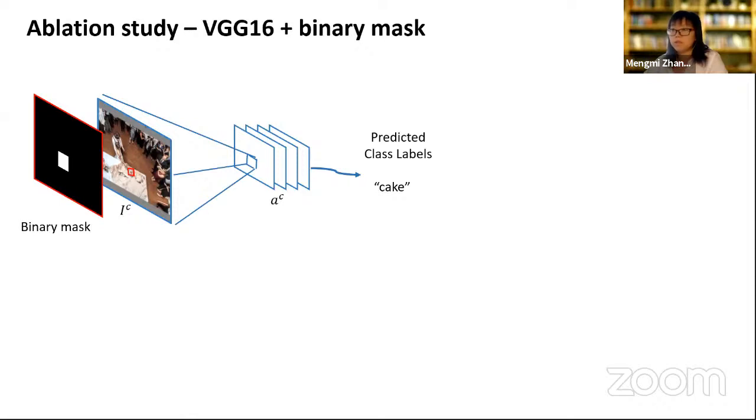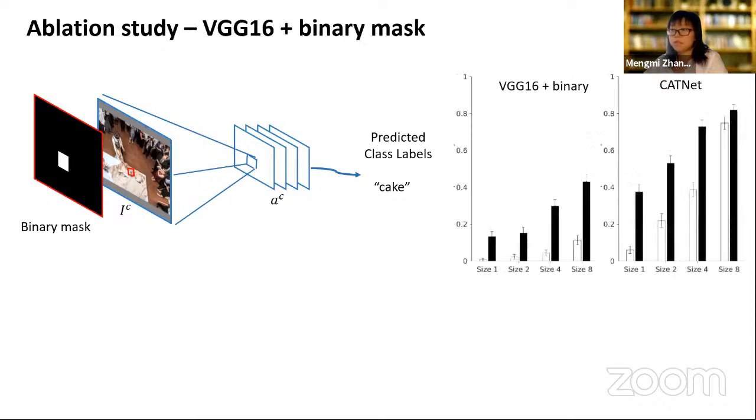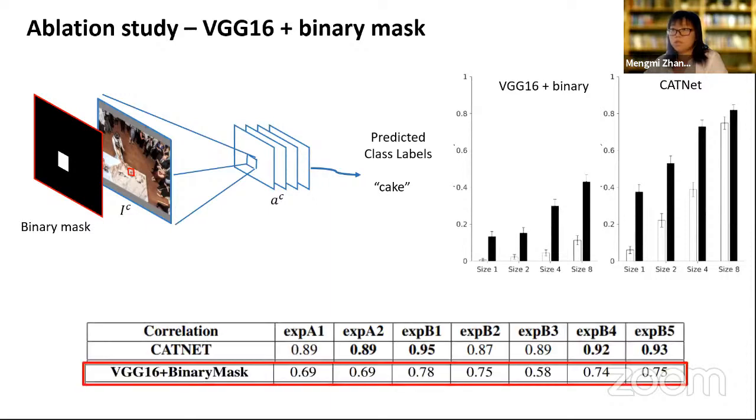So now instead of 3-channel RGB, we are adding this additional channel that is the binary map indicating the target location. Although the binary mask increased the performance with respect to VGG16, the accuracy was still below CRTNet. And this holds true for the correlation values as well. Knowing the target location alone is not sufficient for making use of contextual information effectively.